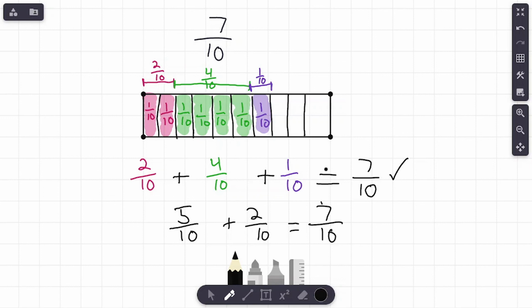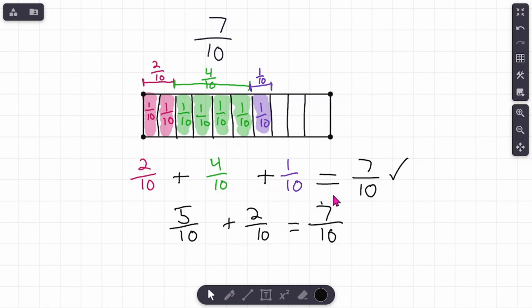Okay, it's really important that you can see this. If you can see this here, it really helps you understand what it means when we add fractions. Okay, that's why we do this. It's not just because I like to see a bunch of colors. Okay, it's nice coloring. You know I like to do it. But the reason we're doing this is I want you to be able to see how we are adding a fraction. A fraction is a part of the same whole.